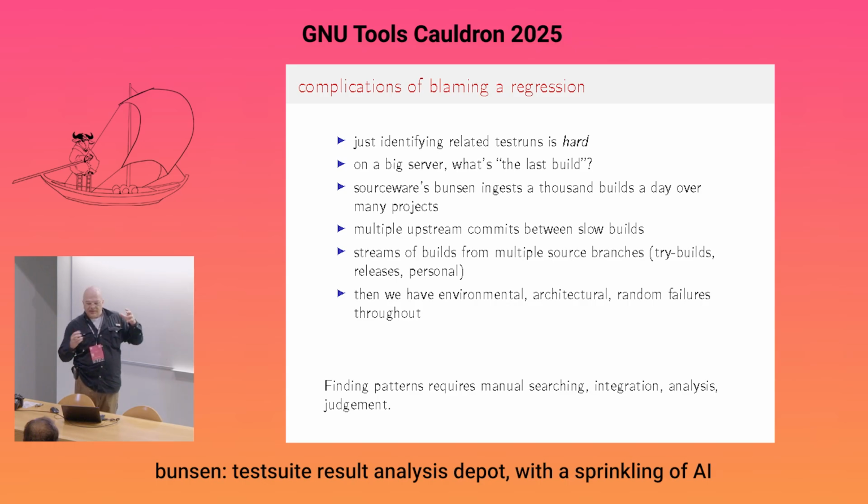But we don't just have one test, right? If you submit it to one of the Sourceware builders, it'll build it on 20 different architectures right away. It might skip some upstream commits because the building takes 10 hours for a really big test suite run. So you might have 10 upstream commits between each actual test. You also have personal branches which go into the same test repository. So you have a whole random mash of versions that are tested whose results can be analyzed.